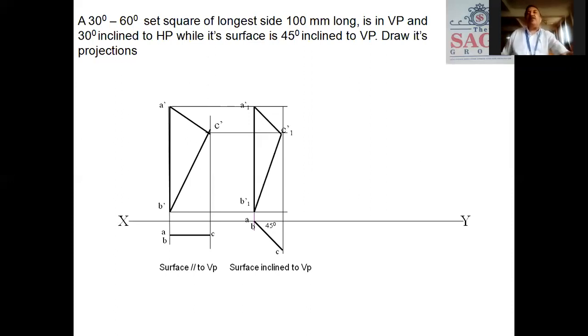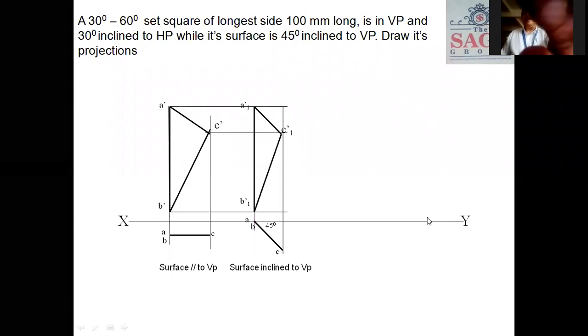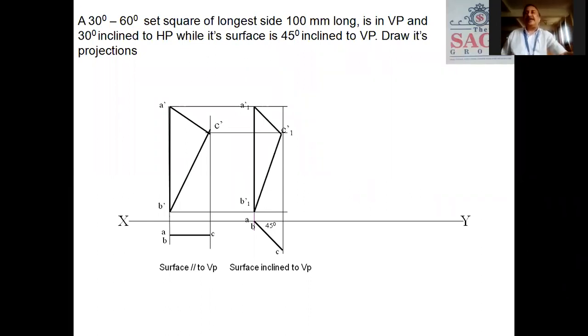Now we have to draw the third position, that is the second inclination, and it is given as 30 degrees inclined to HP. But this inclination is given of what? This inclination is given of the longest side. So first we have to draw the longest side 30 degrees inclined.